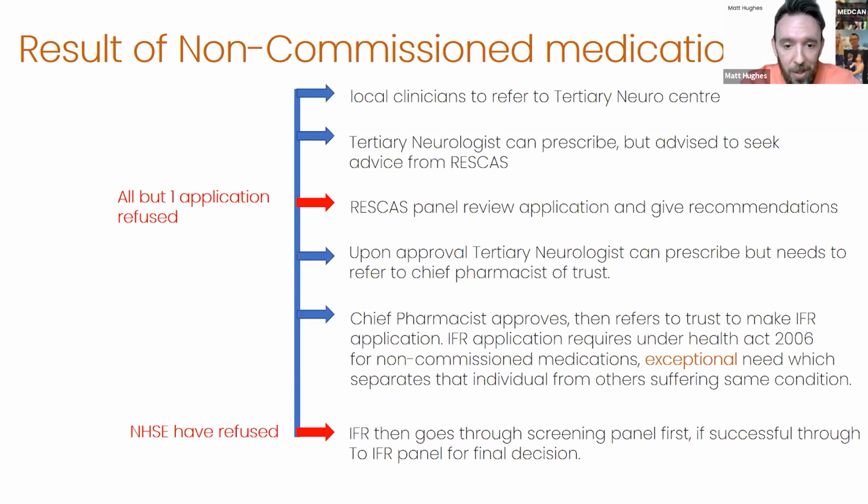At the moment, there are only 3 children in the UK that have met that need. We've been through it, and many other parents have been through it and been refused because we can't show that exceptional need. As I said, at the bottom, with the IFR panel, you reach a screening panel first. If you're successful through that, you then reach the independent funding request panel for that final decision.